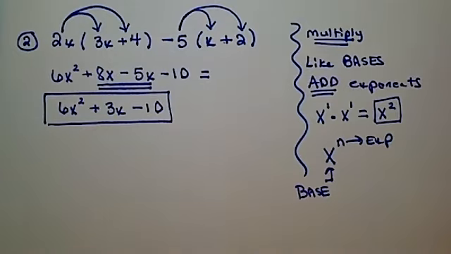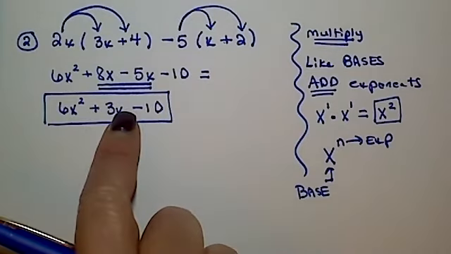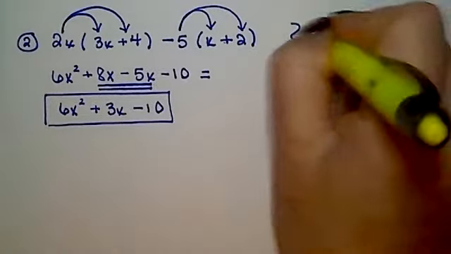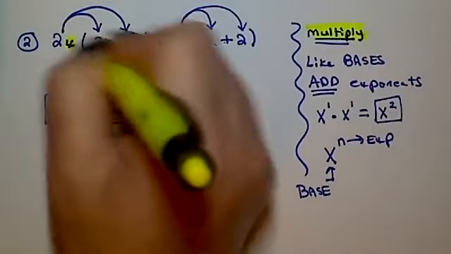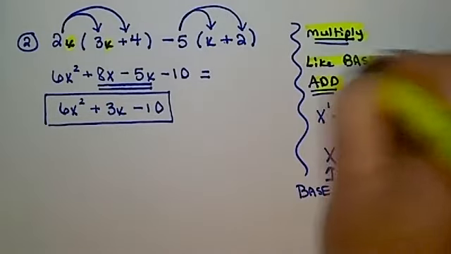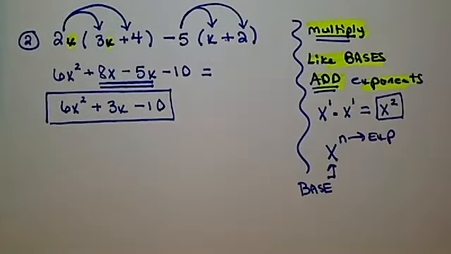And that would be your simplified answer. So again, when you add or subtract, you do not change the powers. When you multiply and you have the same base, you add exponents.